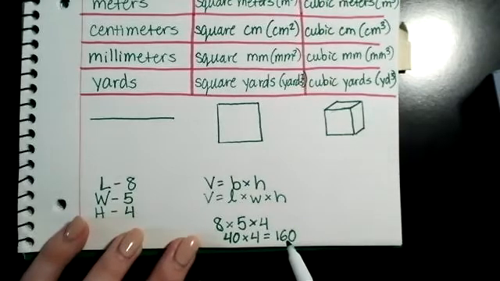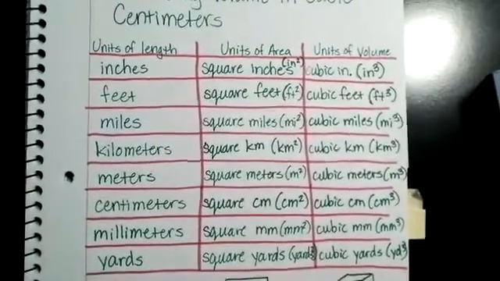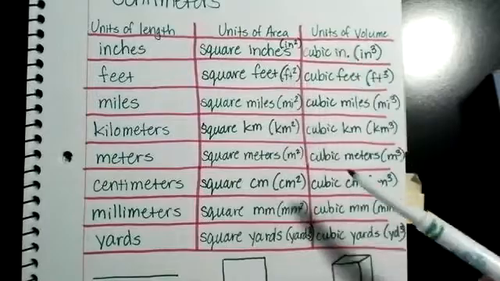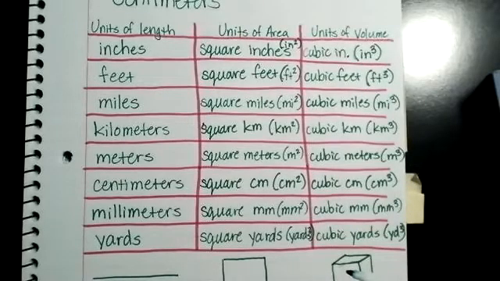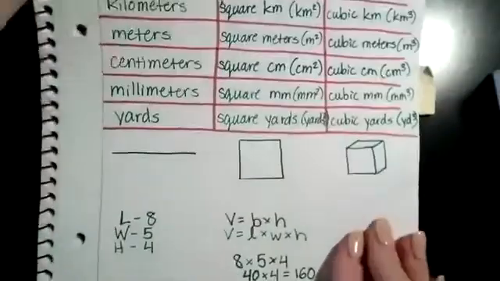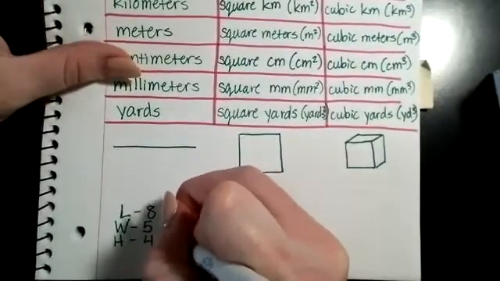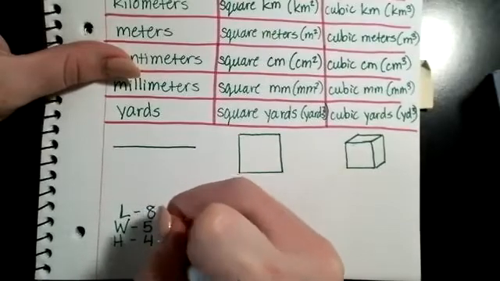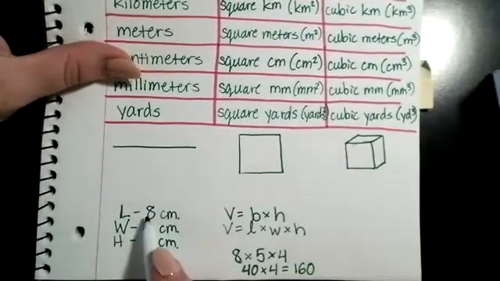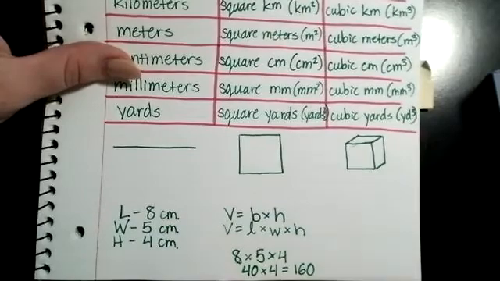Now, here's the thing. I'm not done because I just have a number here. What we're talking about today is making sure that we have our units correct when we find the volume. Remember, I was measuring in centimeters. In fact, I should have labeled that over here. I'm sorry, I didn't. Each one of these was 8 centimeters, 5 centimeters, and 4 centimeters.